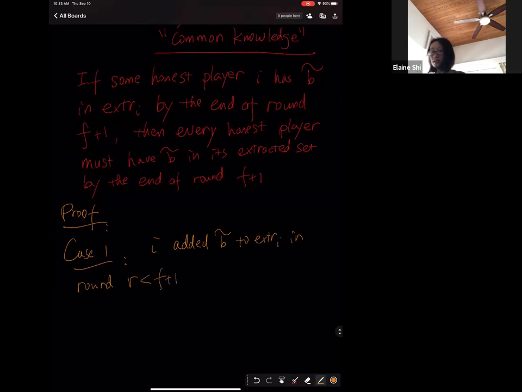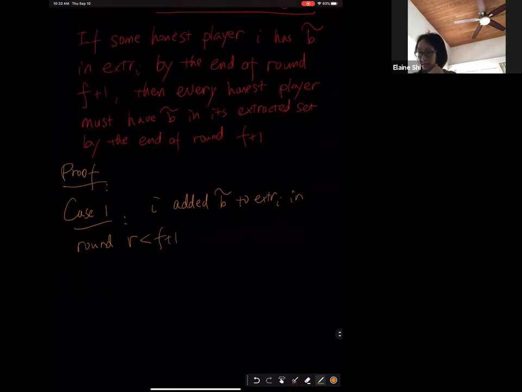So this is not added in the last round. This is the easier case, right? If some honest node added it earlier, by lemma 1, this already took care of it. This bit must be in every other honest player's extracted set in the immediate next round. So in this case, lemma 1 just takes care of it.